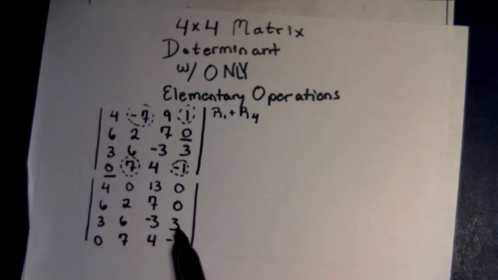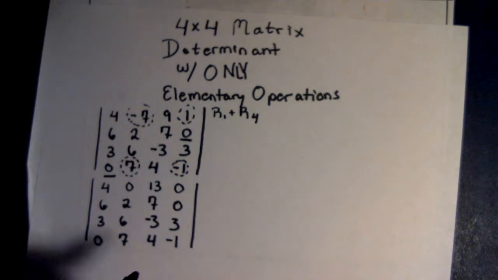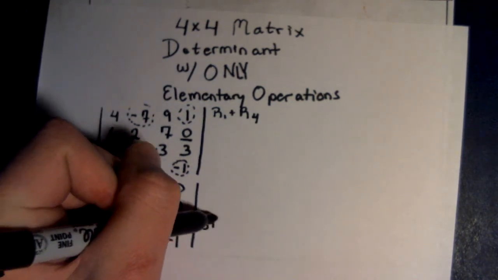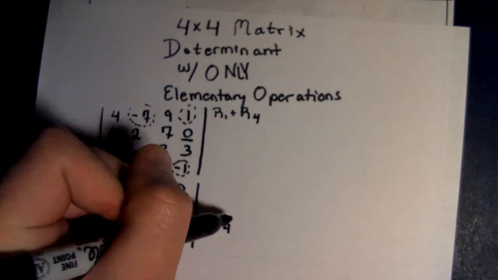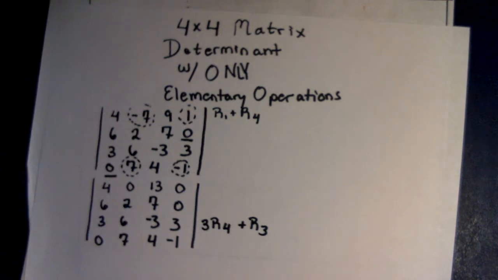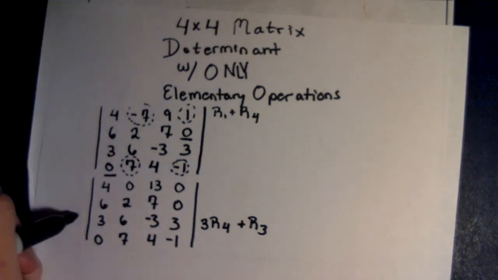So by performing an operation here, I can create a 0 without adding or getting rid of a 0 up here. So what I did was 3 times R4 plus R3. And what that does is it turns this into a -3, you add it to 3, and this will become a 0. So we're replacing the third row.